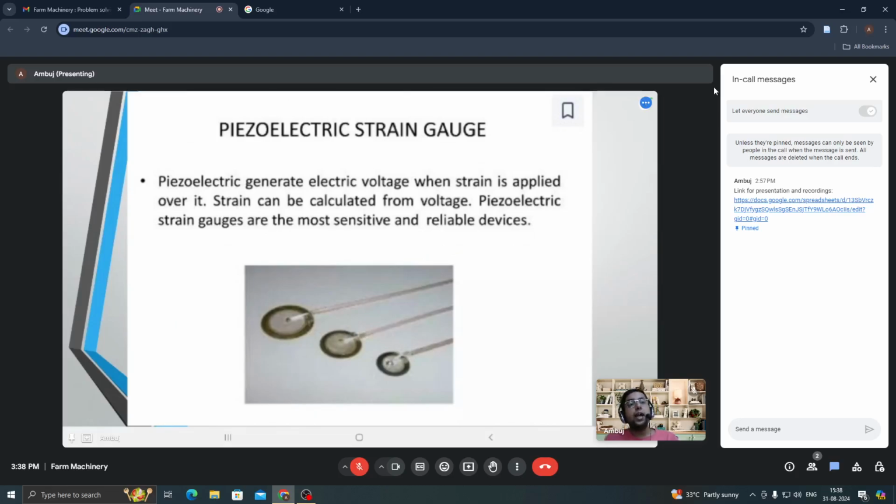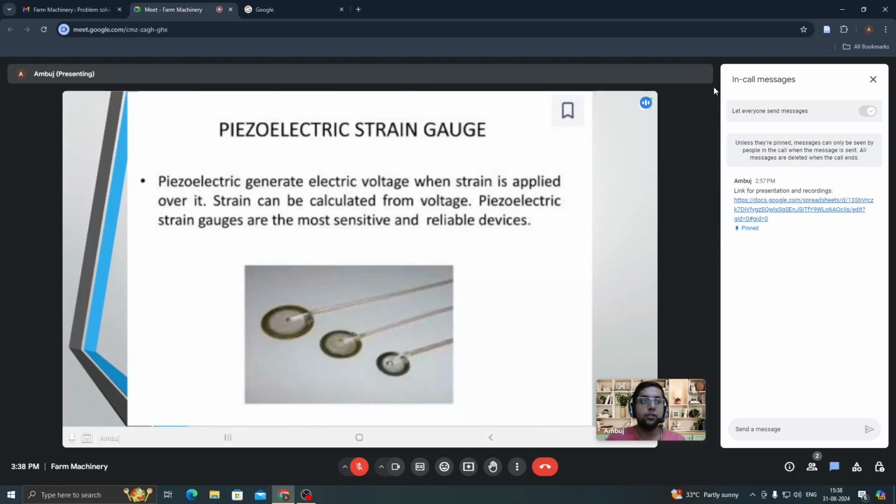You have to calibrate this sensor for strain versus electrical current, or if you want, you can go for voltage also. Whichever shows more deflection, we will select.